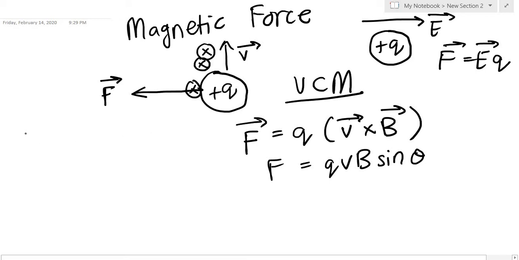Now how to determine the direction of this magnetic force? Well, some of you who paid attention in 11th grade might know how to find the direction of a cross product. So I'll just remind you once again.